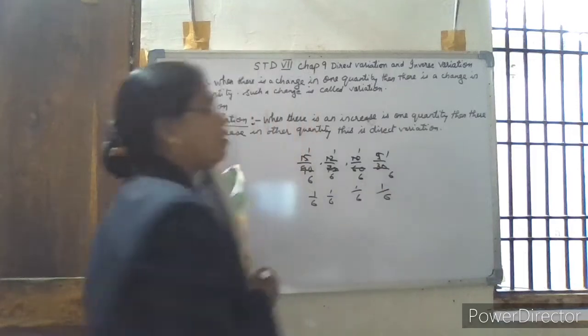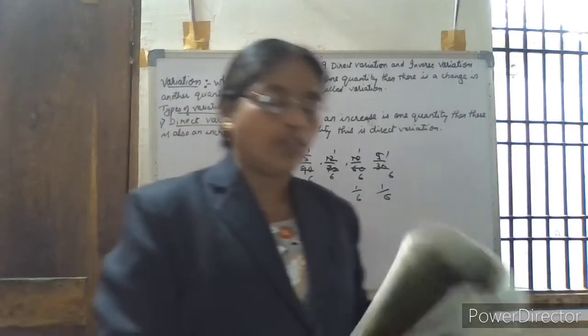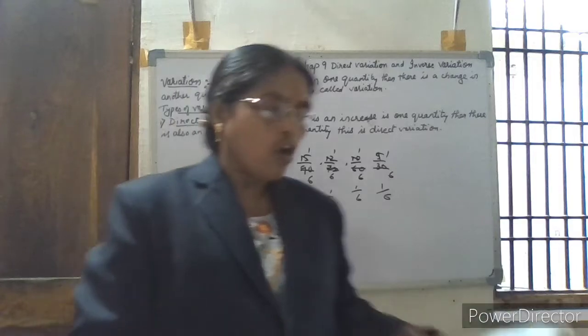So in direct variation, always the ratio of the two quantities is constant.